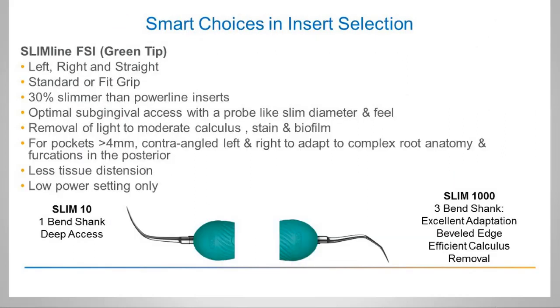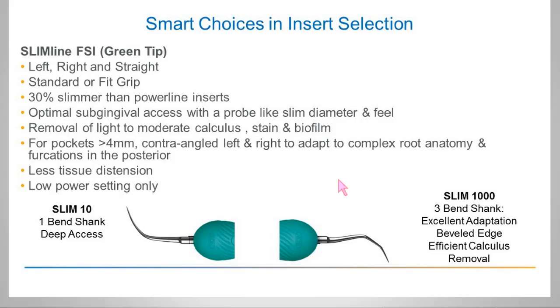Looking then at the Slimline range, which are the green inserts here, we have the left and the right and the straight inserts. The insert itself is 30% slimmer than the Powerline. This allows us to have access subgingivally where the tissues will allow, and it's designed to be used for light and moderate calculus, staining and biofilm.